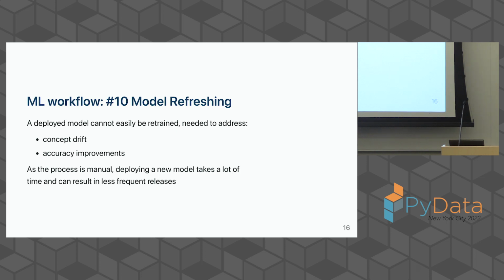Model refreshes. This is once you've deployed it, and you have some issues with the model where you want to get better accuracy in certain aspects. This ties to going back and being able to pull out the tree of things that you did and do it again.